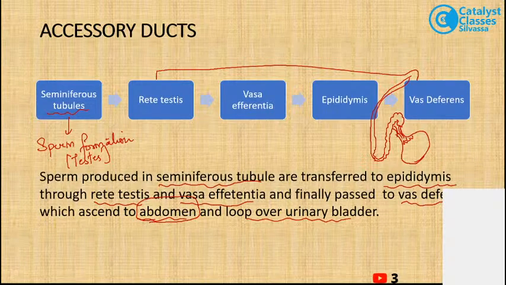Finally these vas deferens loop over the urinary bladder. वहाँ पे जाके वो urinary bladder के ऊपर loop जैसा structure form करेगा.